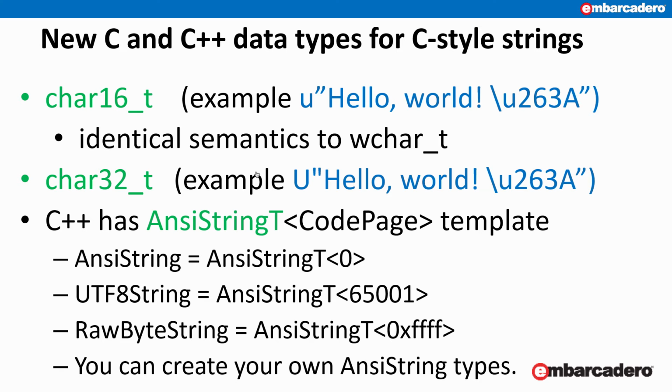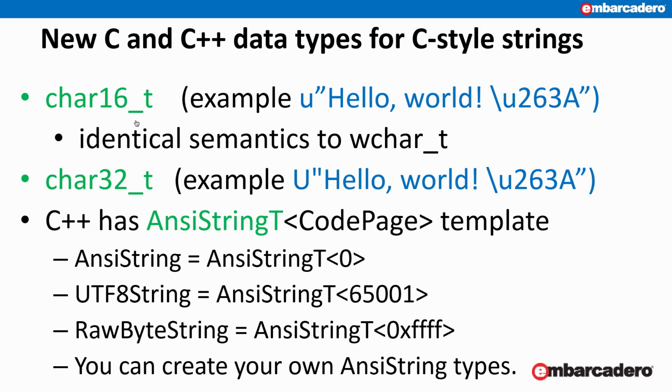So working with Unicode introduces several more C and C++ data types for C-style strings. I mentioned these previously under Unicode in C and Unicode in VCL, but they also apply to C++. So just to be complete, here they are again. The char16_t and the char32_t specify the two new character types for holding UTF-16 and UTF-32 data respectively.